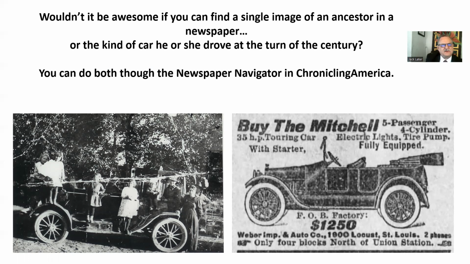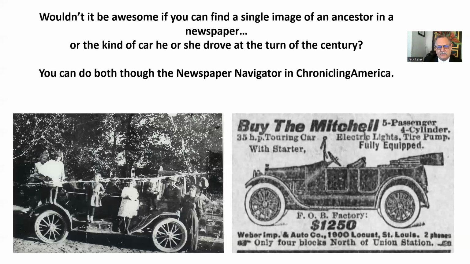Now, here's a question for you. Wouldn't it be awesome if you could find a single image of an ancestor in a newspaper, or maybe the kind of car that he or she drove at the turn of the century? You could do both of those through the Newspaper Navigator in Chronicling America.